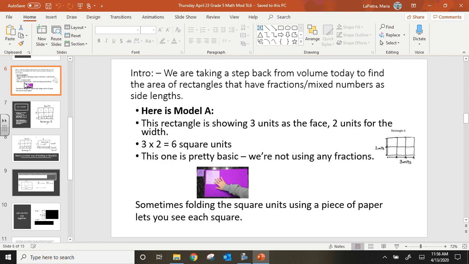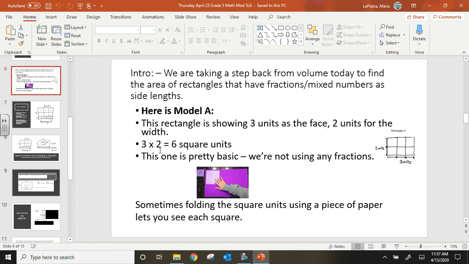Okay, so we're taking a step back from volume today to find the area of rectangles that have fractions and mixed numbers as side lengths. So here's our first model, Model A. This rectangle is showing 3 units as the face, right here, and 2 units for the width, that's on the side.